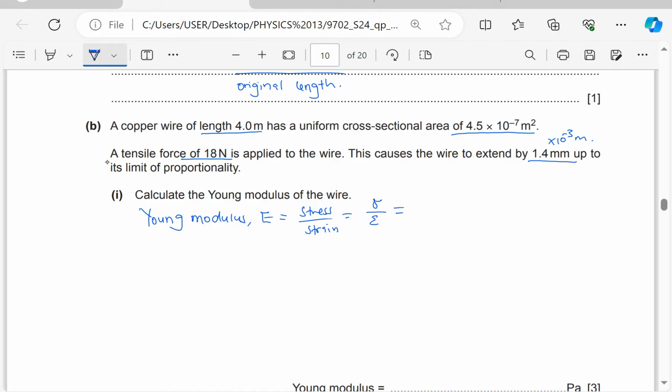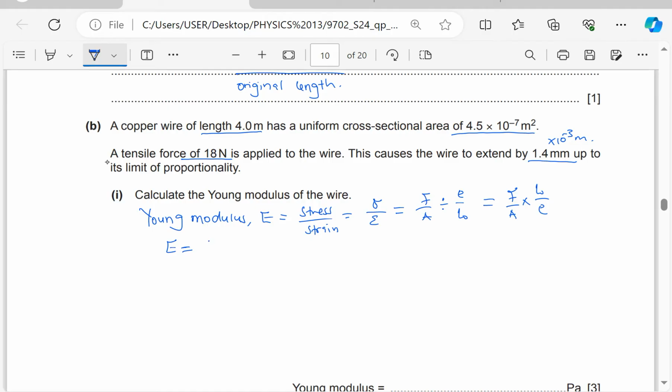Of course, this is the force over area divided by extension over the original length. Or you can write F over area times the reciprocal, which is original length over extension.